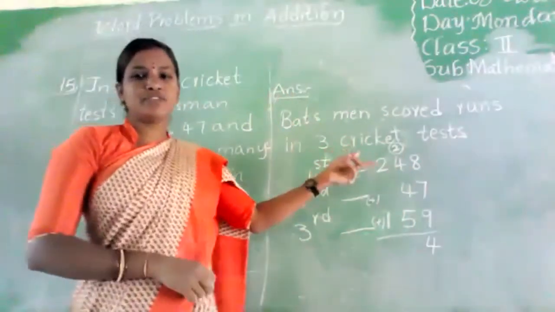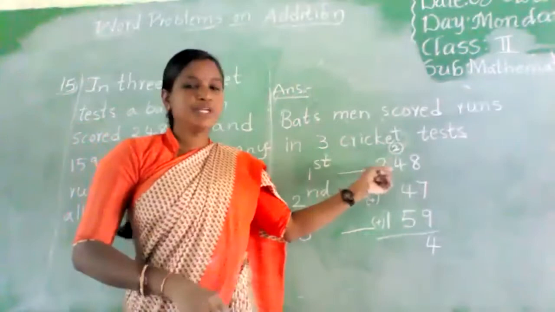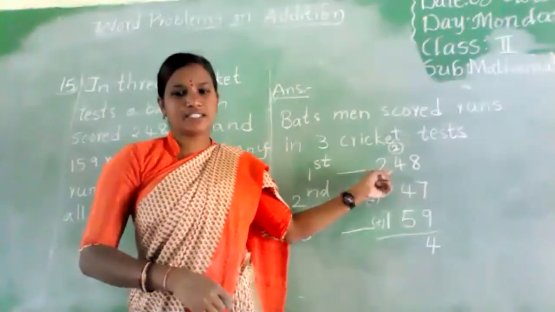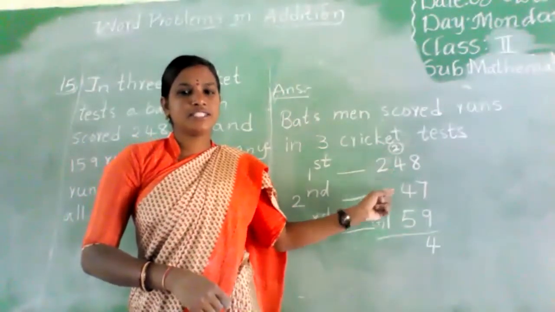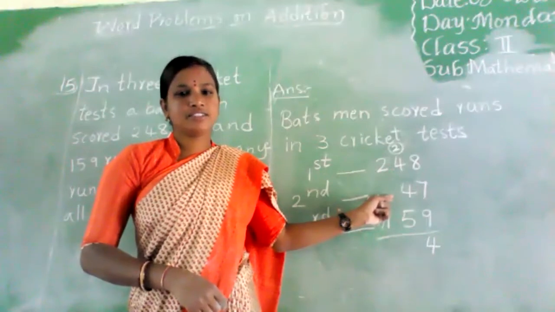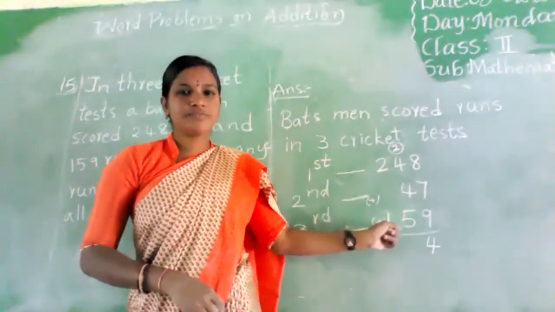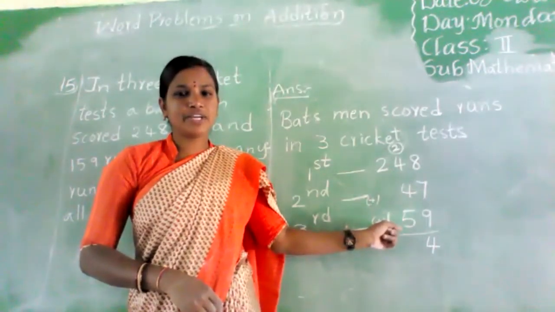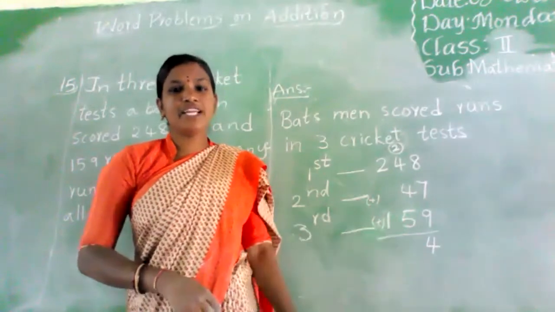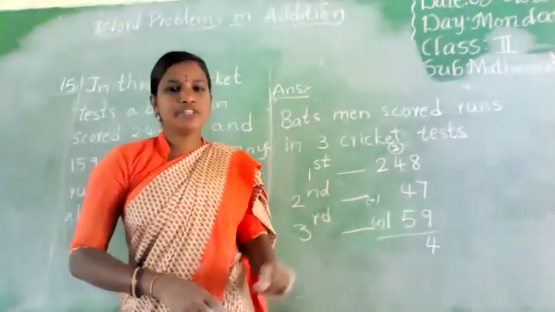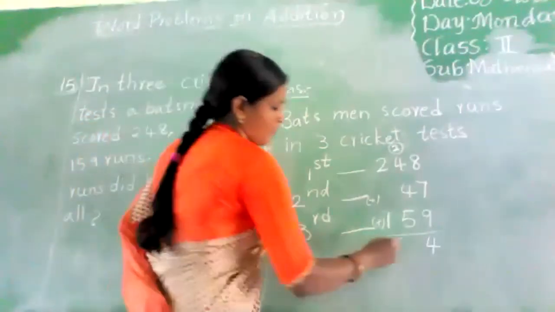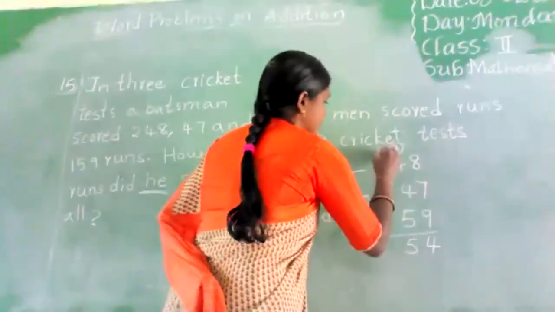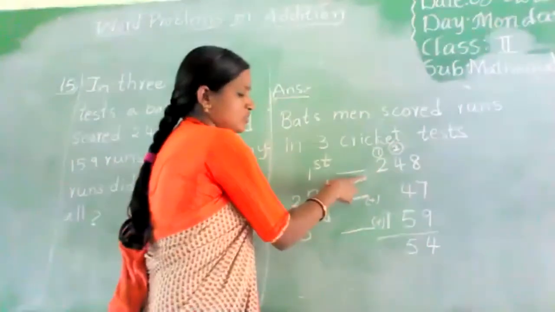Okay, 2 plus 4 is 6. 6 plus 4 is 10. 10 plus 5 is 15. Okay, 1 plus 2 is 3.